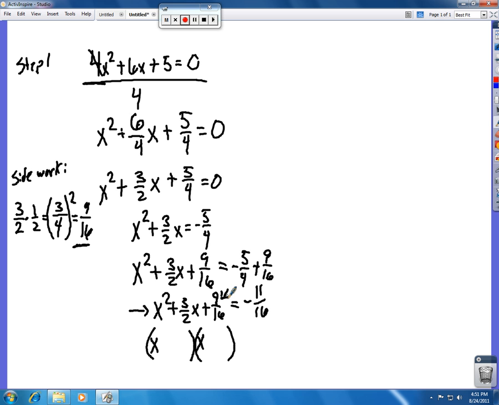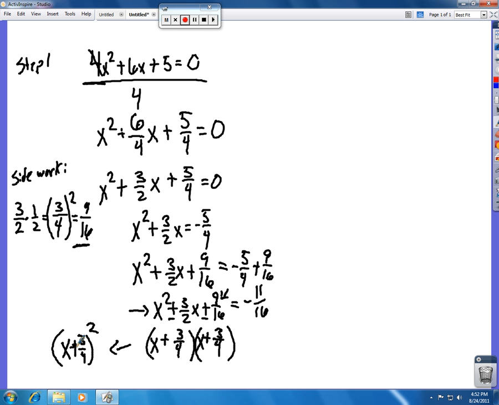So two numbers that multiply together to get 9 is 3, and two numbers that multiply together to get 16 is 4. So 3 over 4 will be your two constants here. And I put the pluses in there just because we know from here and here everything's positive. And again, like I showed last time, this can be rewritten since they're the same thing in the parentheses and there's two of them. You can rewrite it like this.